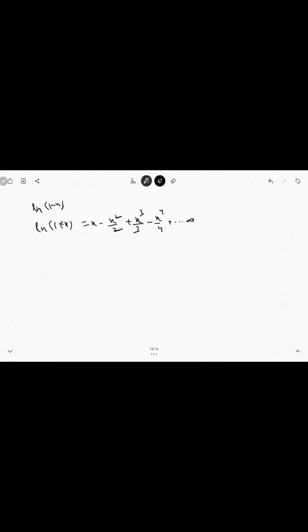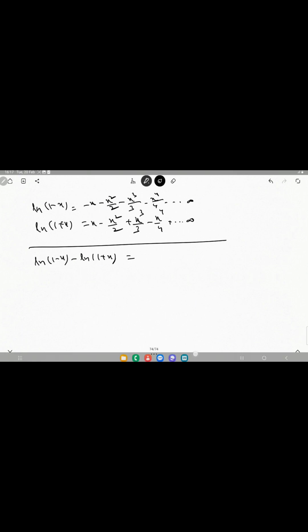Again ln of 1 minus x, replace x by minus x. It is a logarithmic expansion. In place of x, write minus x. You will be getting minus x minus x square by 2 minus x cube by 3. Because of even power there is no change; for odd power I am getting minus. Subtract now: ln of 1 minus x minus ln of 1 plus x. What do you get?